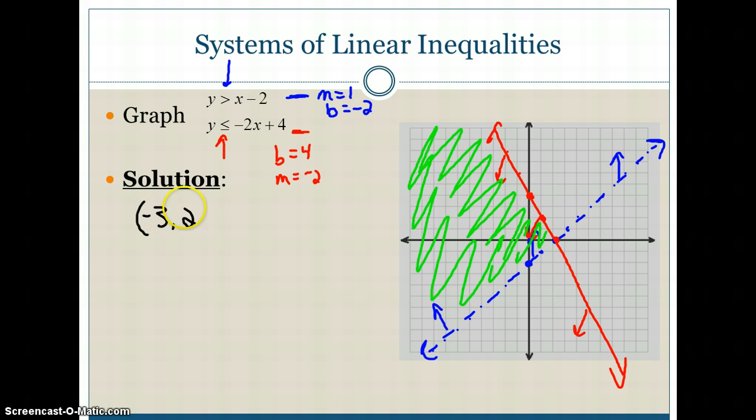Negative 3, comma 2, for example. 1, 2, 3, 1, 2. That shaded area represents all ordered pairs that satisfy both inequalities. So I could pick any ordered pair in that area, and it would work for this particular system. It's the common shaded area.